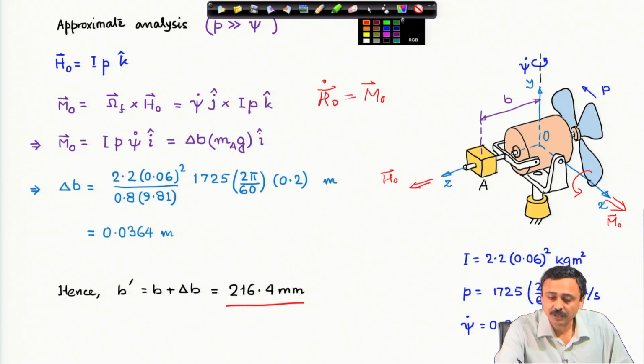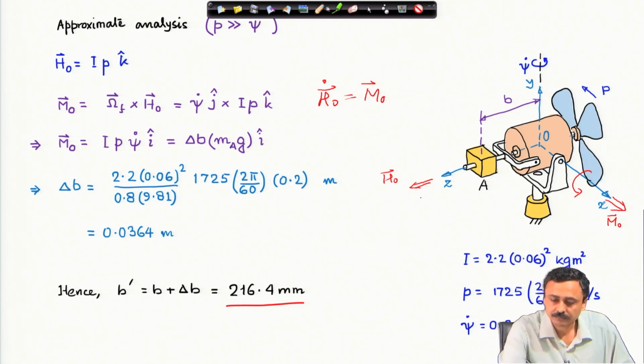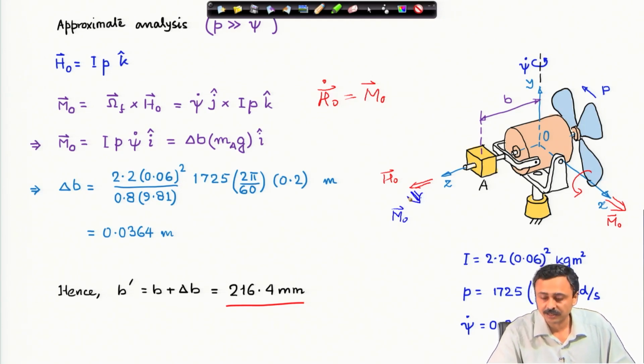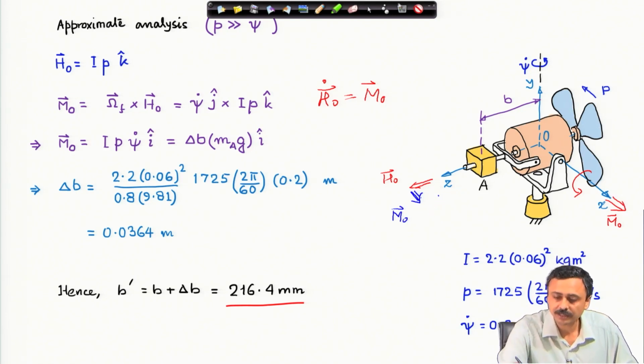What is the direction of applied moment? This is the direction of applied moment. Therefore, the angular momentum must change in this direction. In other words, the angular momentum should shift in this direction, it should rotate in this direction. Let me draw it in the color that I have been using.